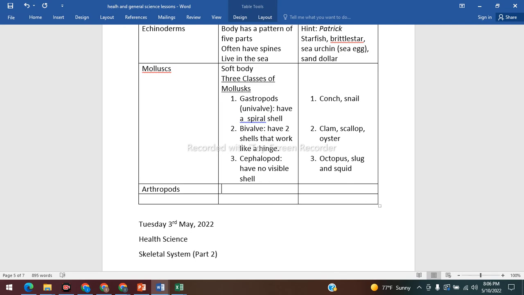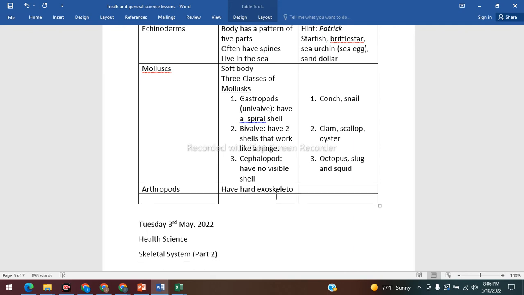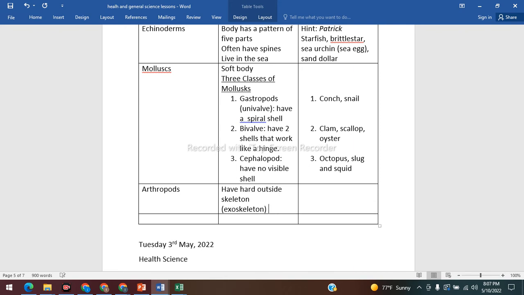So in general, they have a hard, right? This goes for all classes. So they have a hard exoskeleton, which is the same thing as a hard outside skeleton.